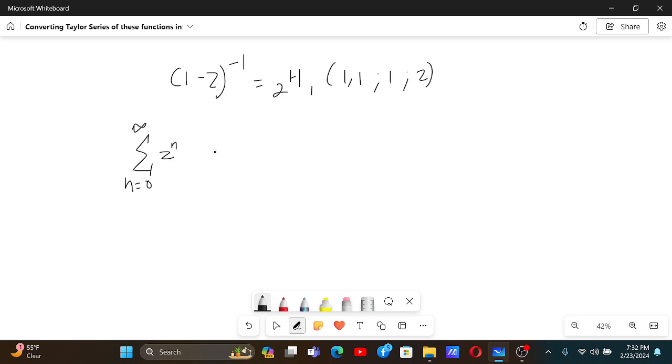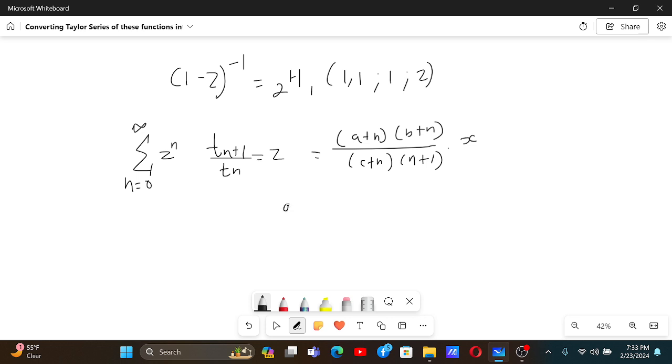Yeah, and the ratio t(n+1) by t(n) will be just z itself. Now this should be equal to a plus n, b plus n by c plus n, plus 1 times x. Now the best solution is to keep all of the a, b, c as 1 1 1, so they all cancel out. Yeah, we can put a equals 1, b equals 1, c equals 1.